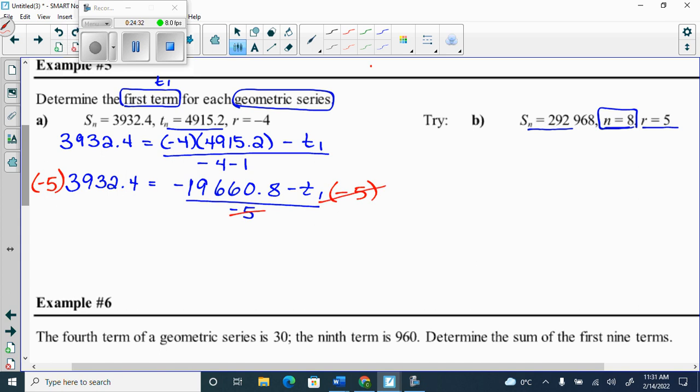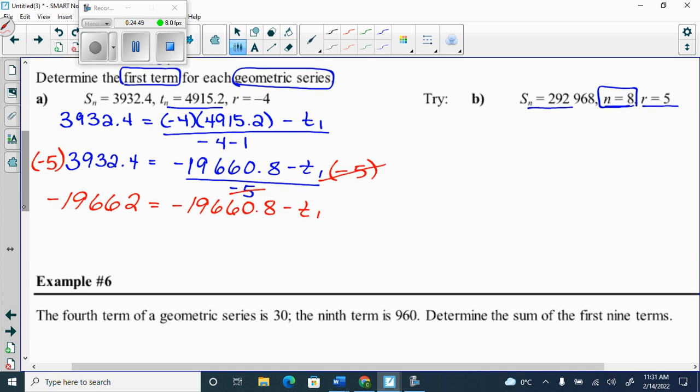So then we're going to go 3,932.4 times -5. Then we get negative 19,662 equals negative 19,660.8 minus T1. What do I have to do next? Add 19,660.8 to both sides.